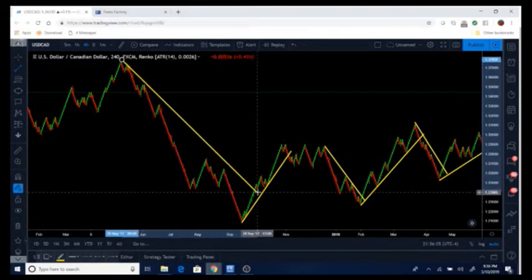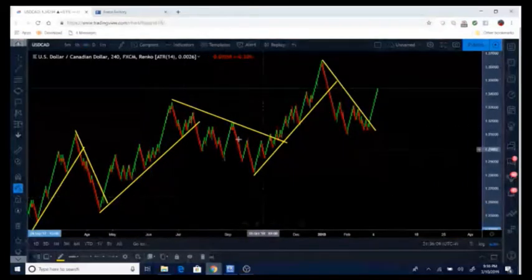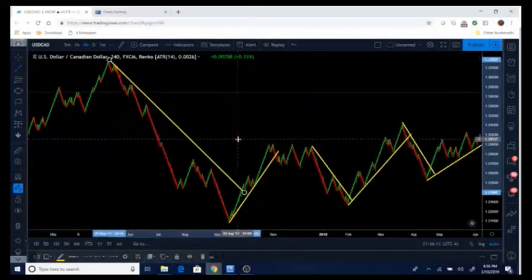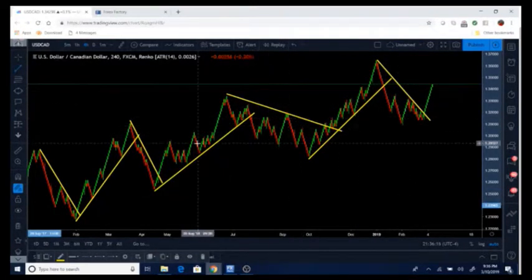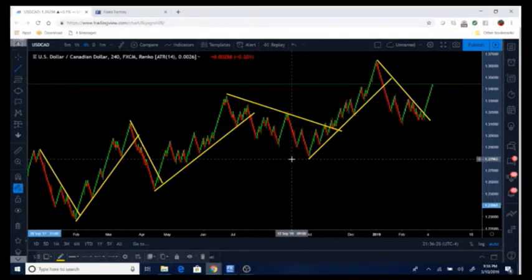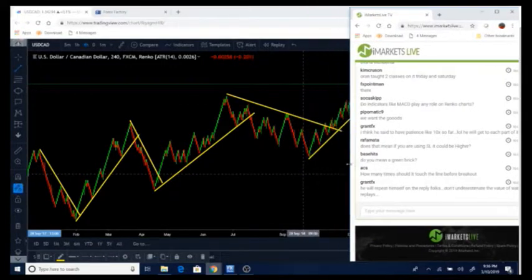Boom. Right? Same way. And I can buy and sell when price is breaking and going above or below my trend lines. All right? Same way. Nothing different there.